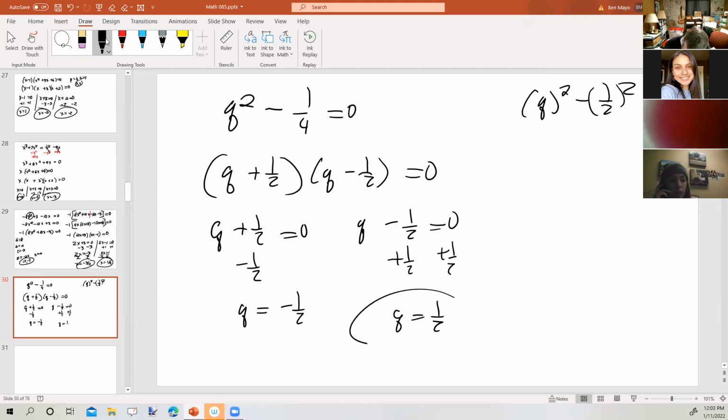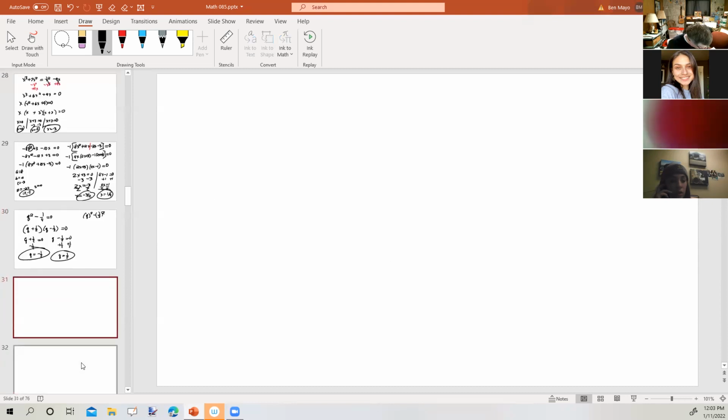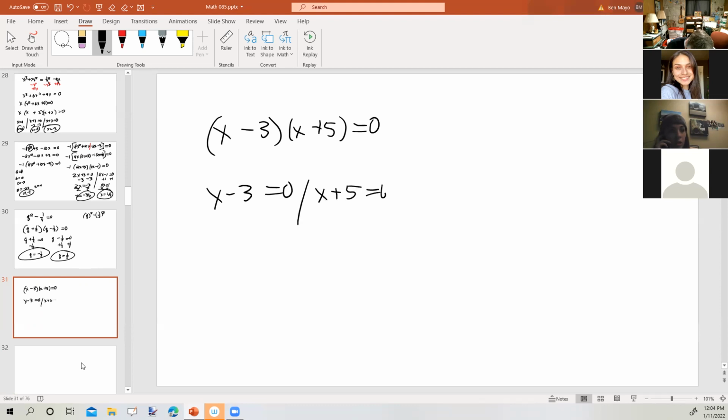We'll add a half there, Q equals positive 1/2. Now, one of the common mistakes that I see students make on a test is after we've gone through all of this, then they have a problem, let's say like this one. And instead of taking advantage of the fact that it's already in the form a times b equals 0, and just going through and saying, well, it's got to be that, and it's got to be that.